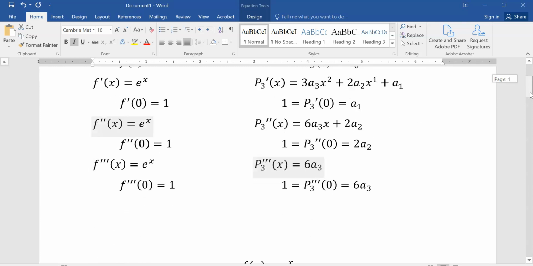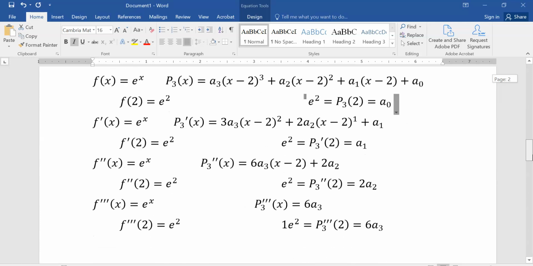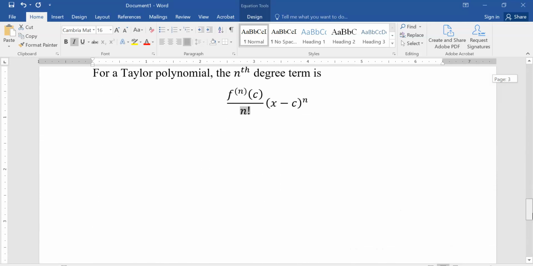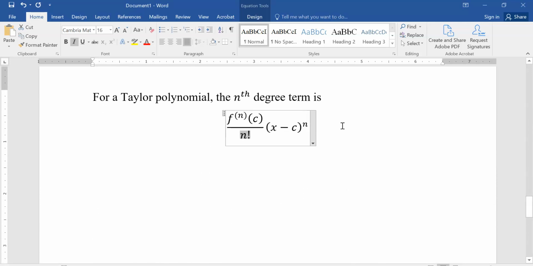So that's what's going on with these Taylor polynomials, okay? Every term is the nth derivative, plug in c, divided by n factorial as your coefficient, and your coefficient is of x minus c to the nth power.